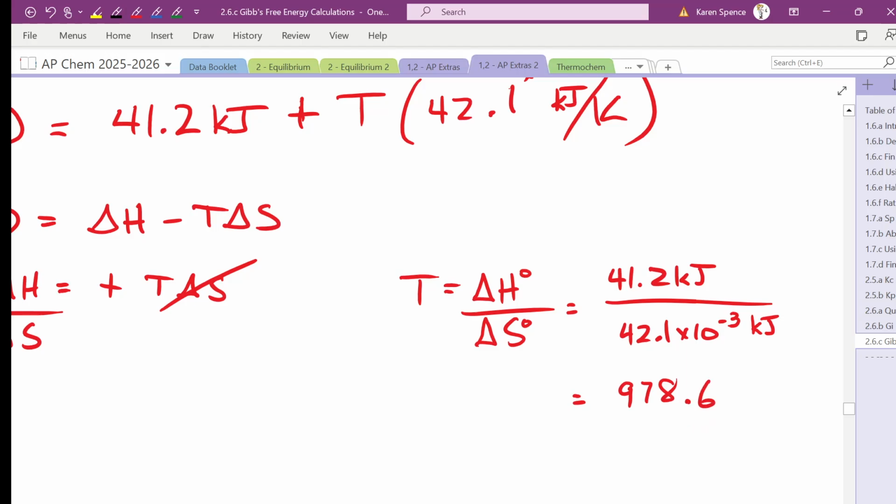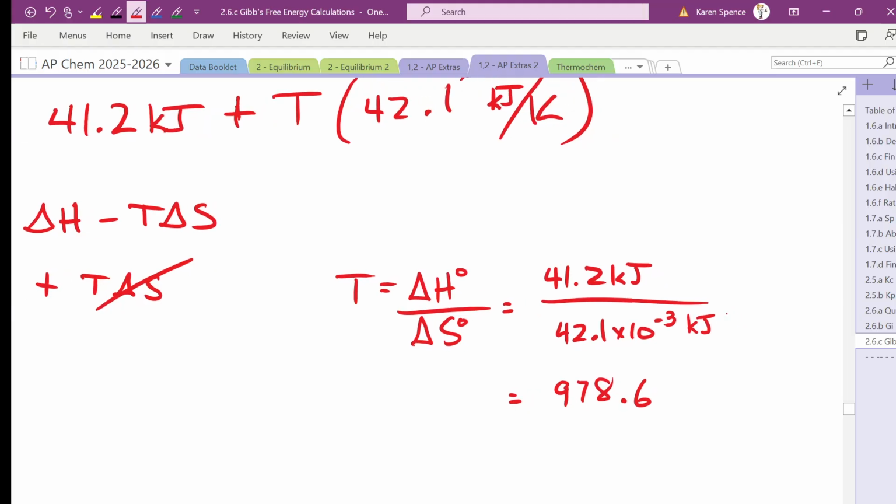The units are kilojoules per Kelvin, because otherwise we don't have the right unit. So we've got 1 over Kelvin, which becomes Kelvin. And that should be 3 sig figs, so that should be 979 Kelvin.